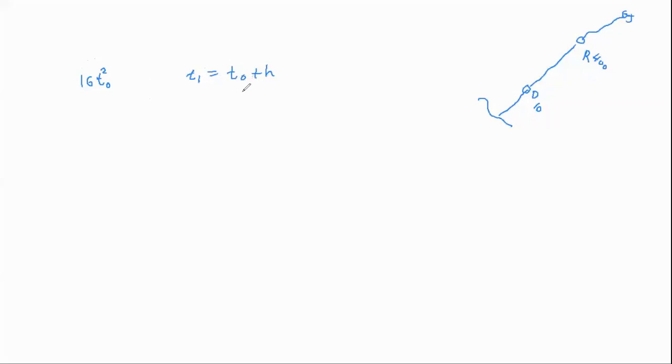Yes. Good. So if we want to get the distance, then it is equal to 16 times t1 squared minus 16 times t0 squared, okay?